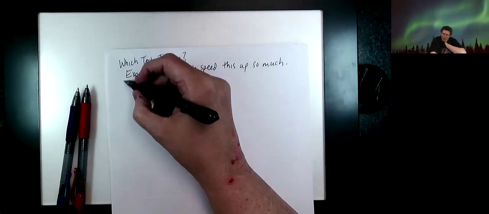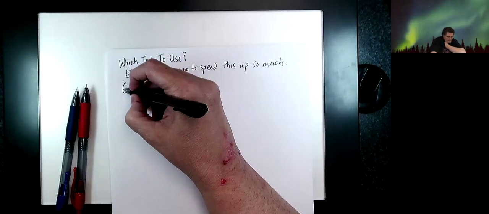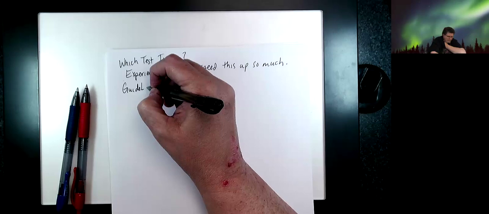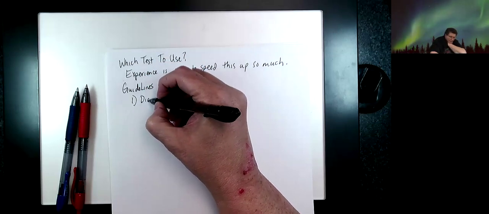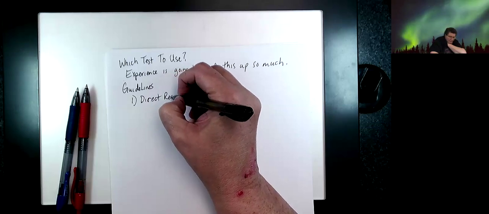Helpful. All right, so general guidelines. Things that will help: direct recognition. Does it look like a P series?